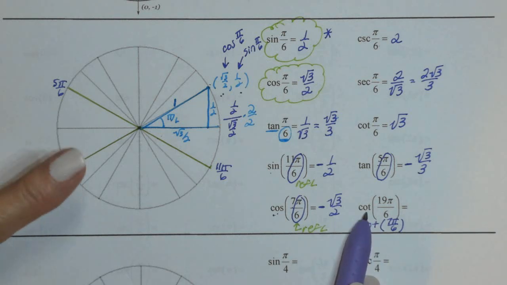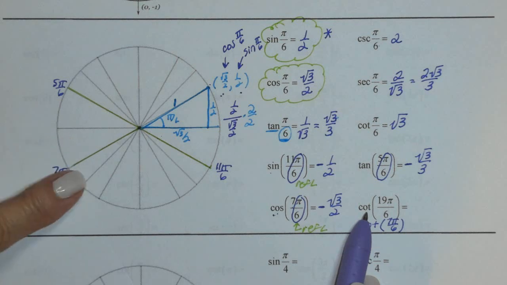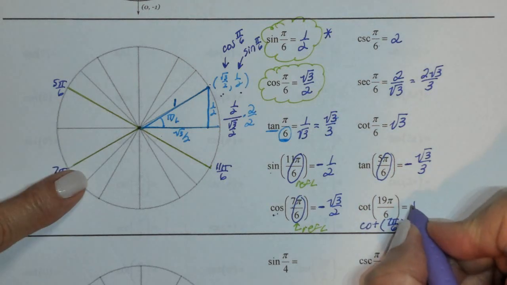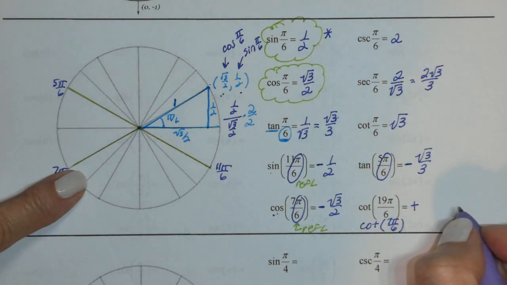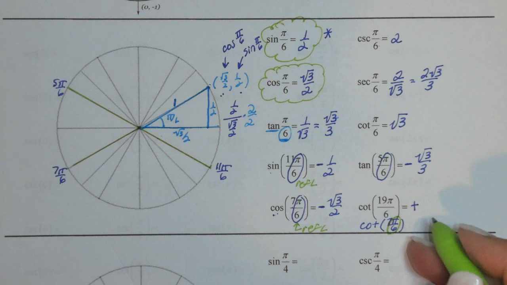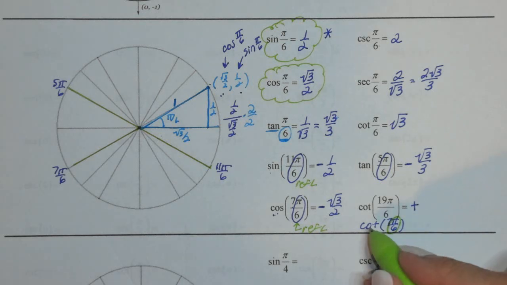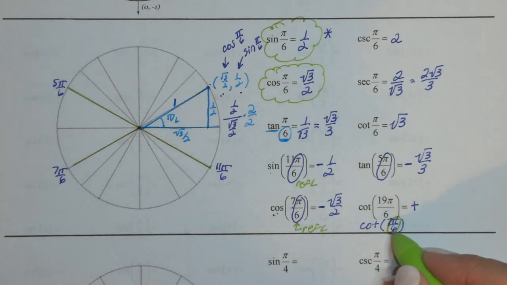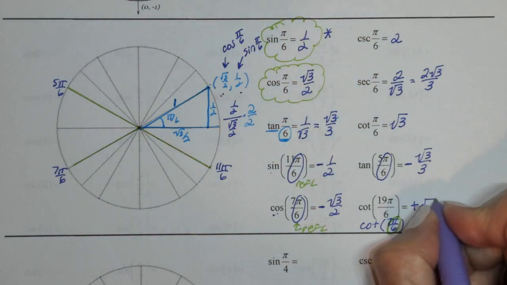Cotangent is positive in quadrant 3. So this is going to be positive. Now, tangent of every pi over 6 is square root 3 over 3. So cotangent of every pi over 6 is the other one, the plain square root of 3.